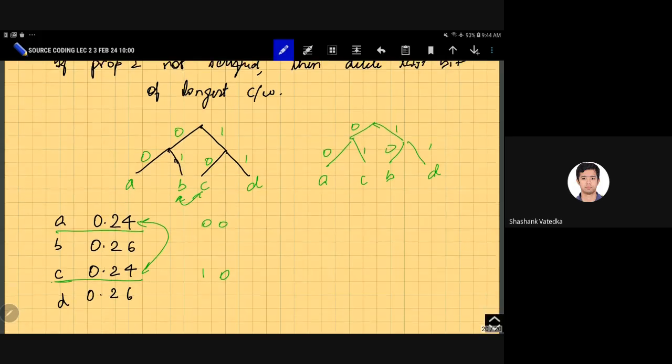In the first code, the code words corresponding to the two symbols with the least probability don't differ only in the last bit, they differ in some other bit. But I can always exchange the code words and get another code such that the two longest code words, for the symbols with the least probability, differ only in the last bit. So the first code is optimal but not canonical.